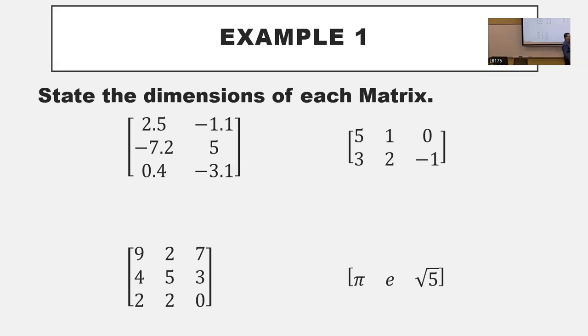So it is 1 by 3. That makes sense? So the dimensions of each matrix: upper left, 3 by 2; upper right, 2 by 3; lower left, 3 by 3; lower right, 1 by 3.